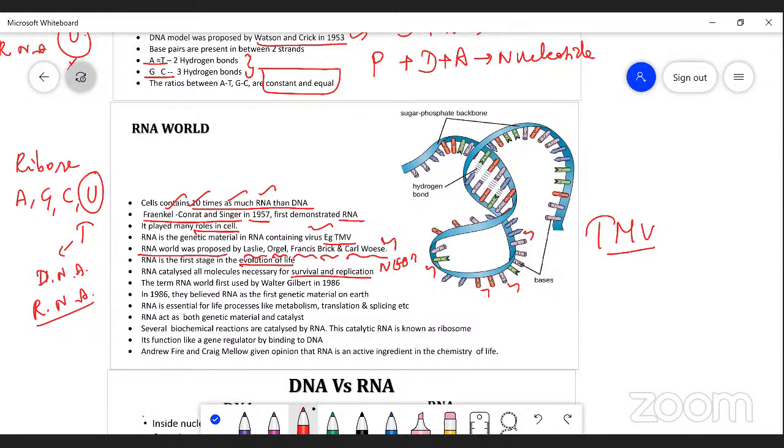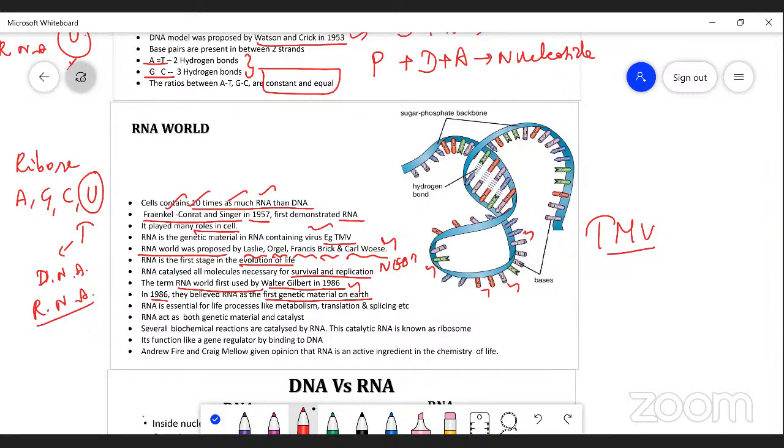The term RNA world was first used by Walter Gilbert in 1986. In 1986, they believed RNA was the first genetic material. Already they told that RNA is helpful for survival and replication.